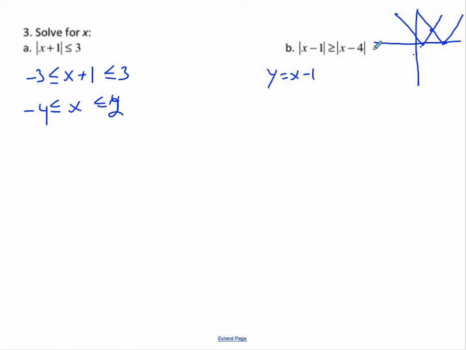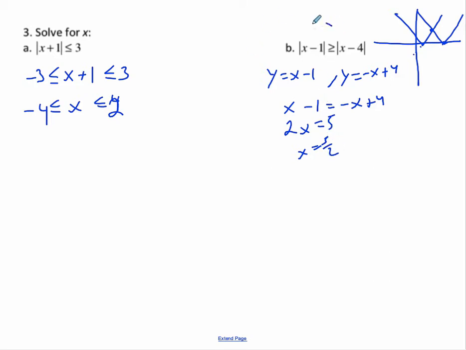And this line here is going to have a y-intercept at 4 and a slope of negative 1, so y equals negative x plus 4. So you can simply solve the equation x minus 1 equals negative x plus 4, and you'll get that point of intersection. So 2x equals 5, and x equals 5 over 2.